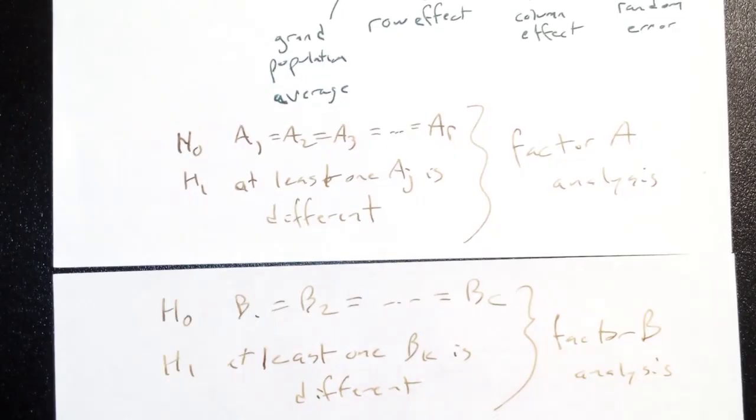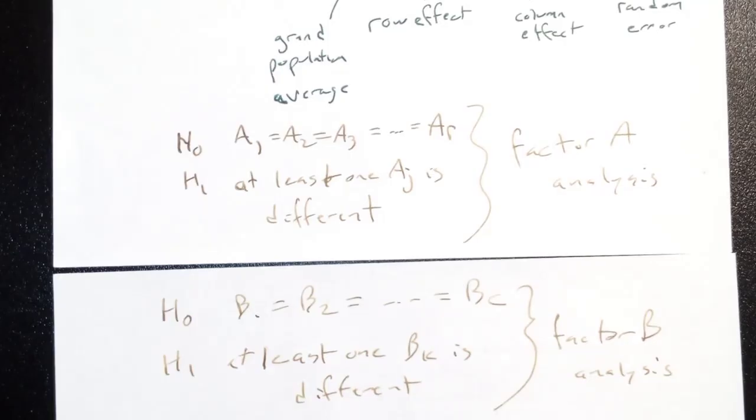So really, my ANOVA comes in two behaviors. If both of my null hypotheses turn out to be true, then the only effect is the randomized effect: whatever our grand mean is, plus the effect from just being in a row or a column, it doesn't depend on the factor.